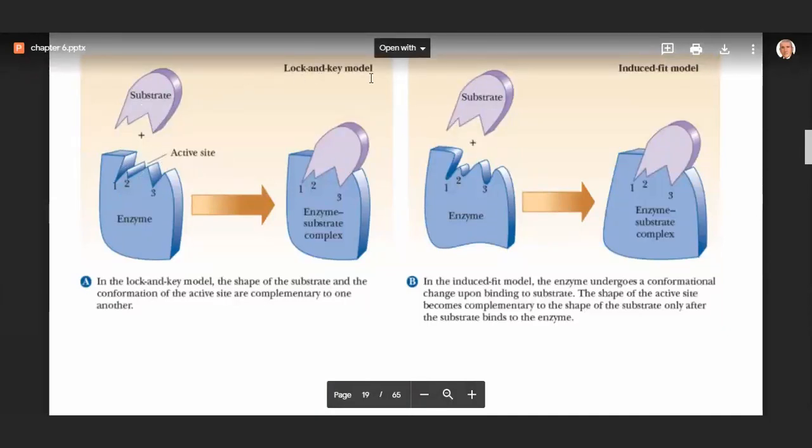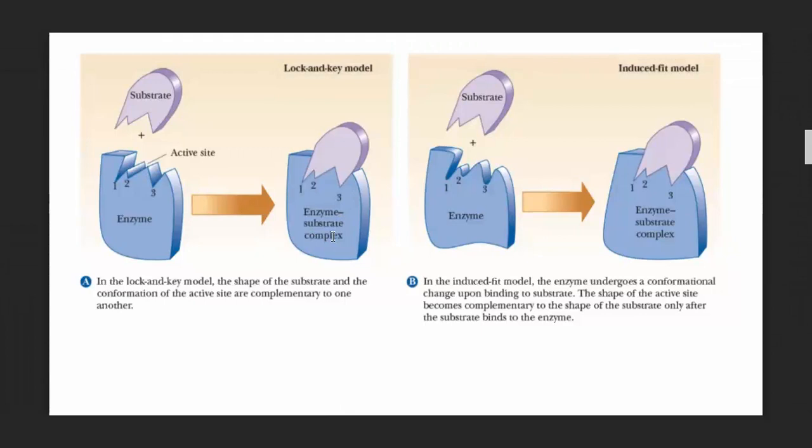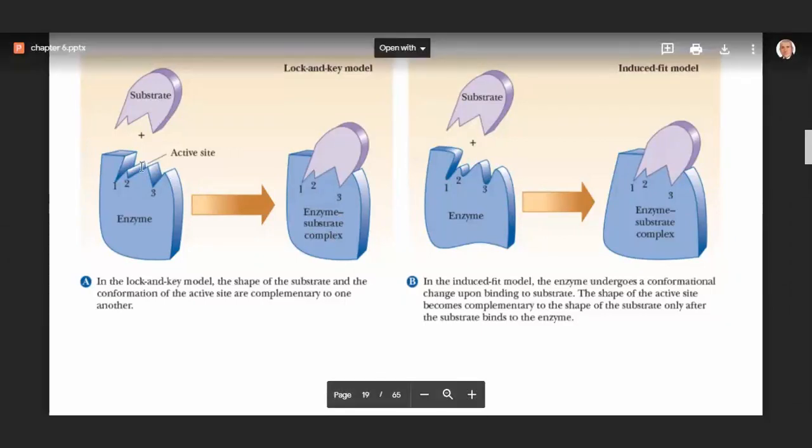In the lock and key model, the shape of the substrate and the conformation of the active site are complementary to one another, so that this is the enzyme-substrate complex formed. This is called the lock and key model. This is rather a rigid model and not common.